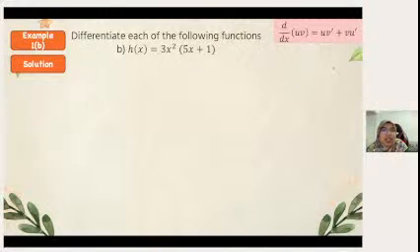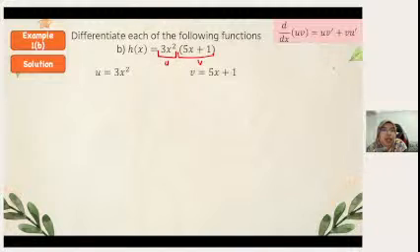Okay, so now 3x squared multiplied with (5x plus 1). So one of them will become u, the next one will become v. So we have a multiplication between these two. So this one will become u. So this one will become v. So do make sure it is always u multiplied with v. Okay, so u is 3x squared, v is 5x plus 1.